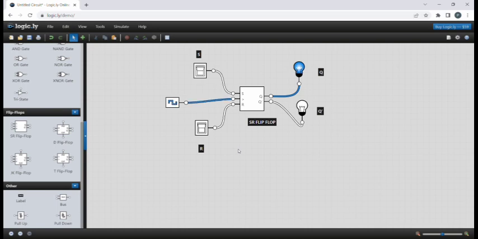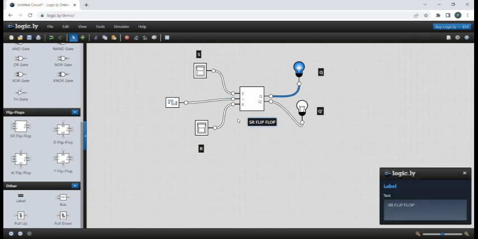Let's check the simulation for SR flip-flop. S and R are the two inputs connected to the SR flip-flop, and outputs Q and Q dash are connected to the SR flip-flop.